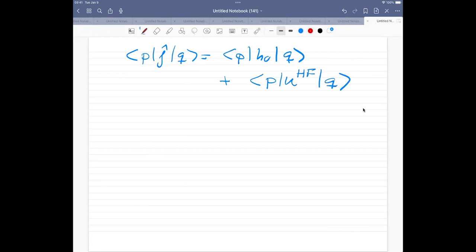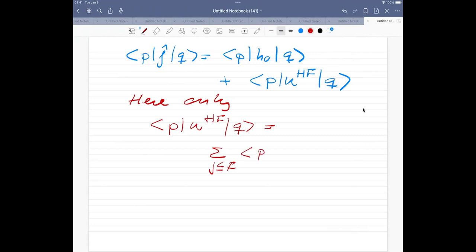So here, we only consider P of U Hartree-Fock of Q equal to the sum over J less than F of Pj V of Q of J, anti-symmetrized.